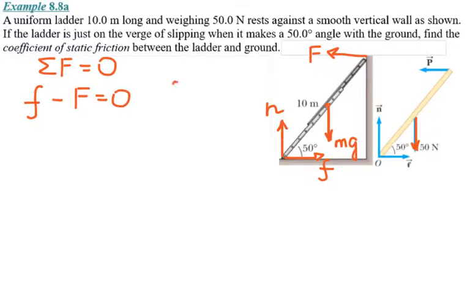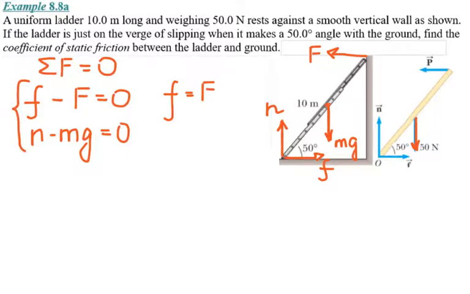In other words, the friction force is equal to the force from the wall. The next one, for vertical forces: the normal force minus mg equals 0, because again, there's no acceleration. That means the normal force is equal to mg. So we could rewrite it this way.